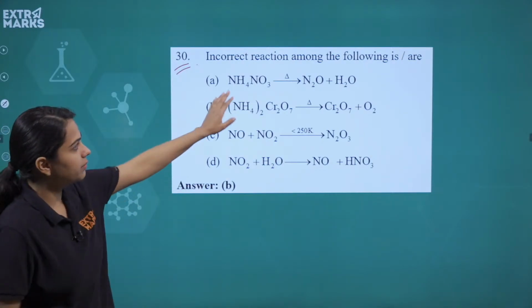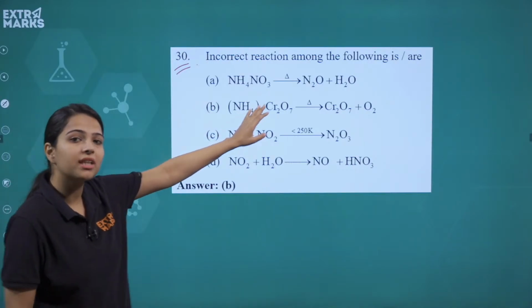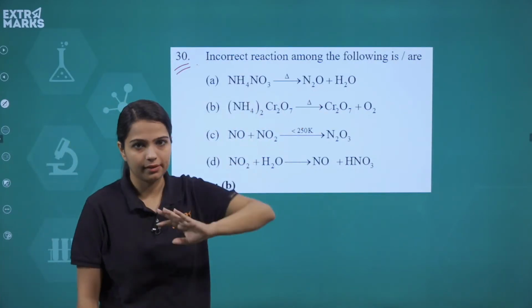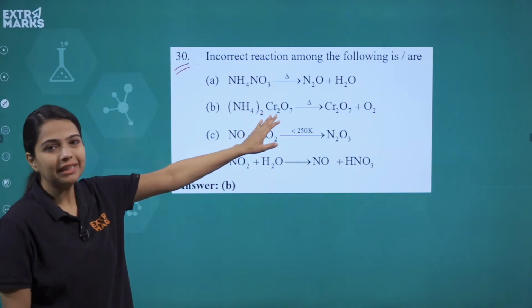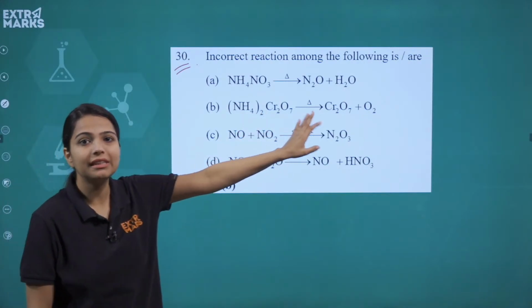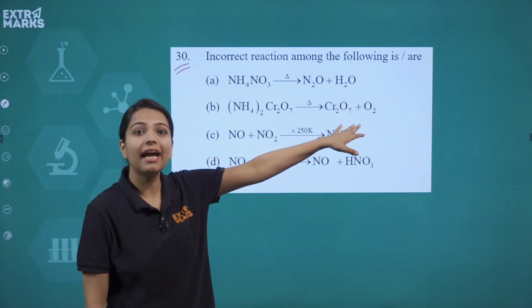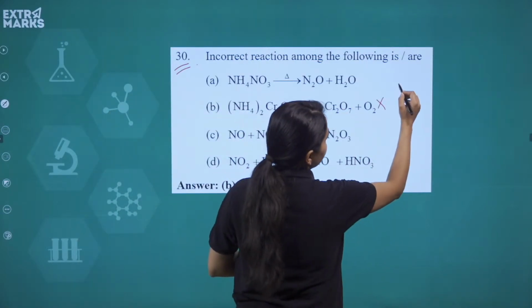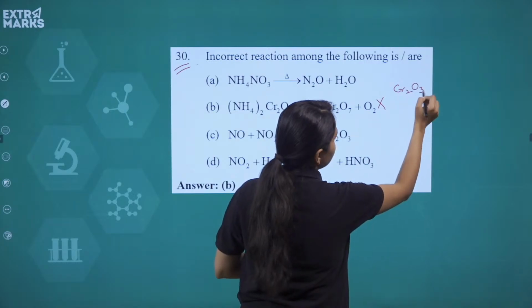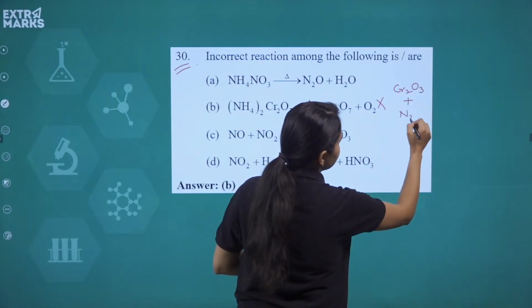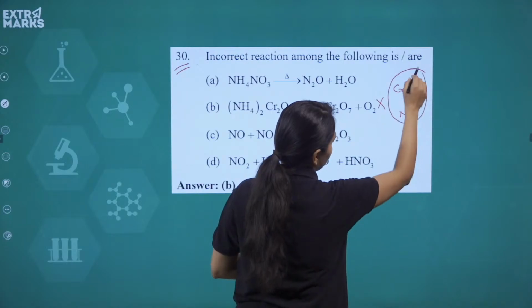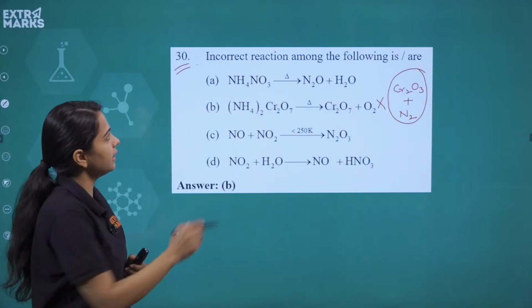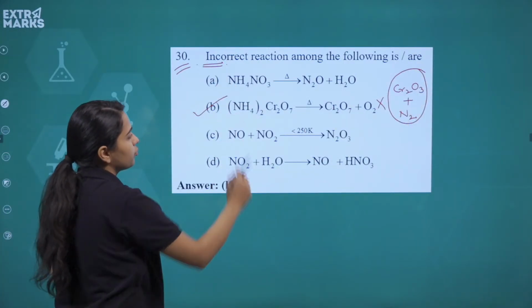When ammonium nitrate is heated, it decomposes to N2O and water is released. Ammonium dichromate when heated releases chromium oxide and nitrogen gas. So I am going to get Cr2O3, which is green colored, plus nitrogen gas liberated, along with water. So this reaction is wrong. This is the incorrect reaction asked in this question, so the answer should be option B.